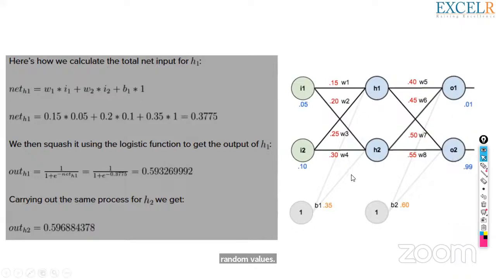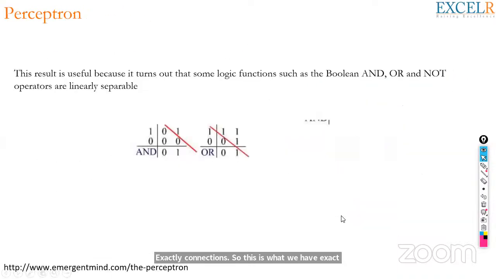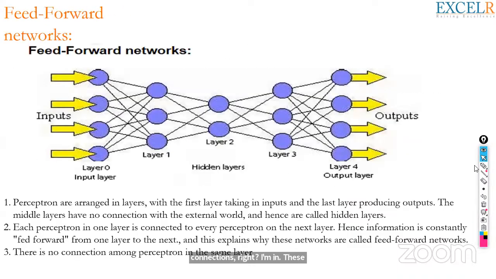So this is what we have, exact connections, right? I mean, these two diagrams are exactly the same. You can see here, we have an input node, and we have a next layer node, and then we have these connections. Along with that, we have a bias.